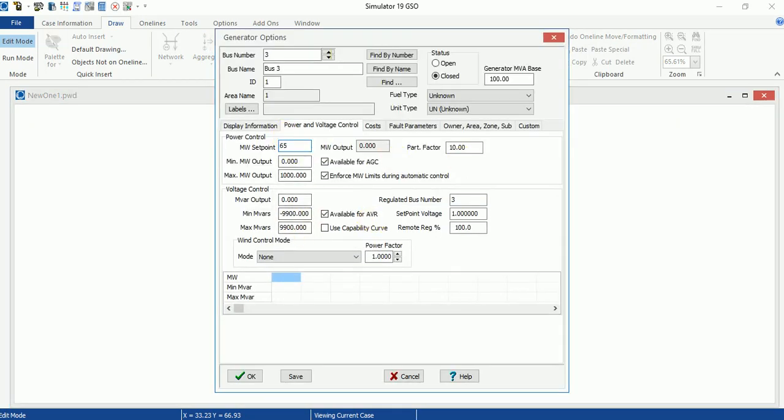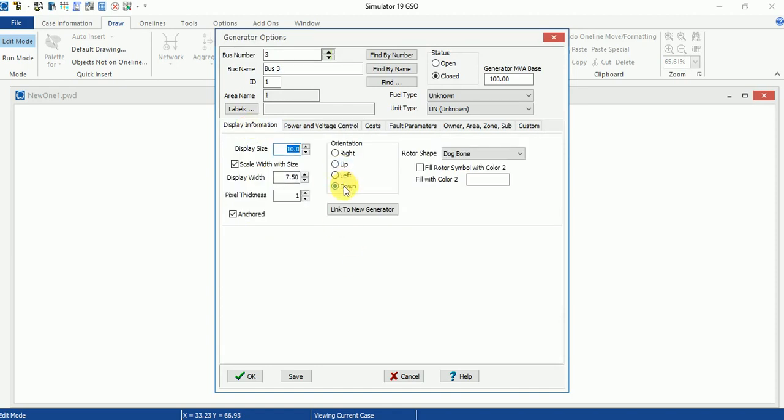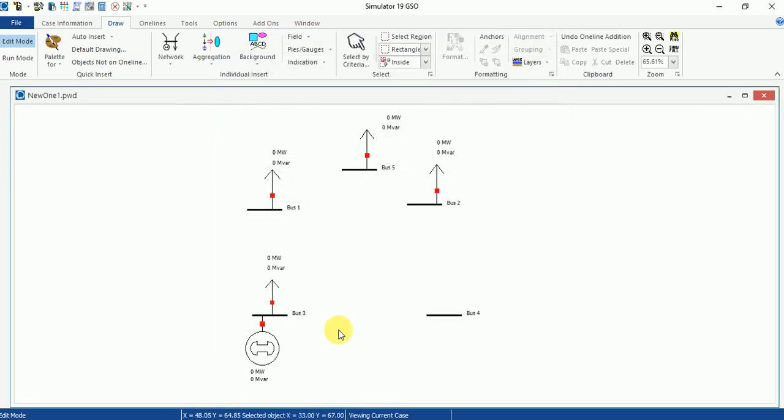It has a value of 500 megawatts and 10 megawatts. Now go to display and select down, and set the rotor shape as dog bone by default. So select OK. Now my generator G1 has been added to the system.